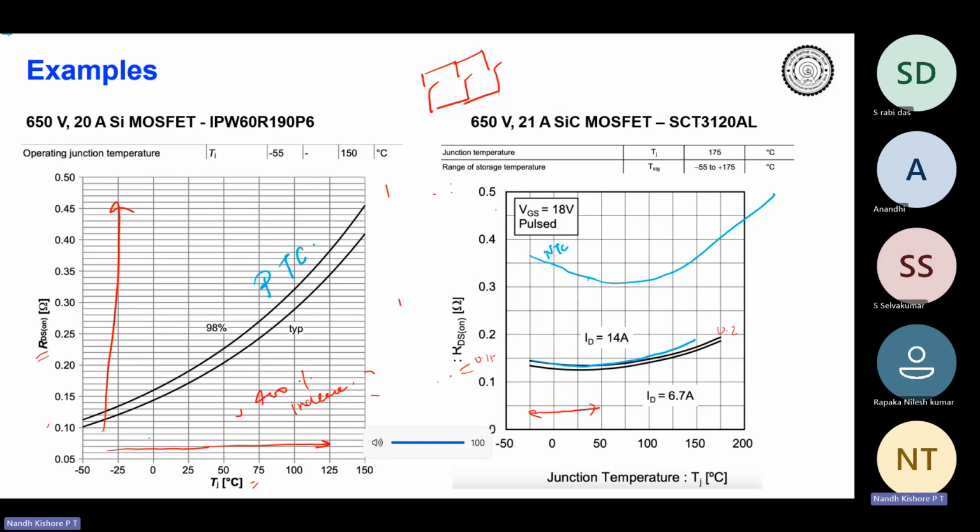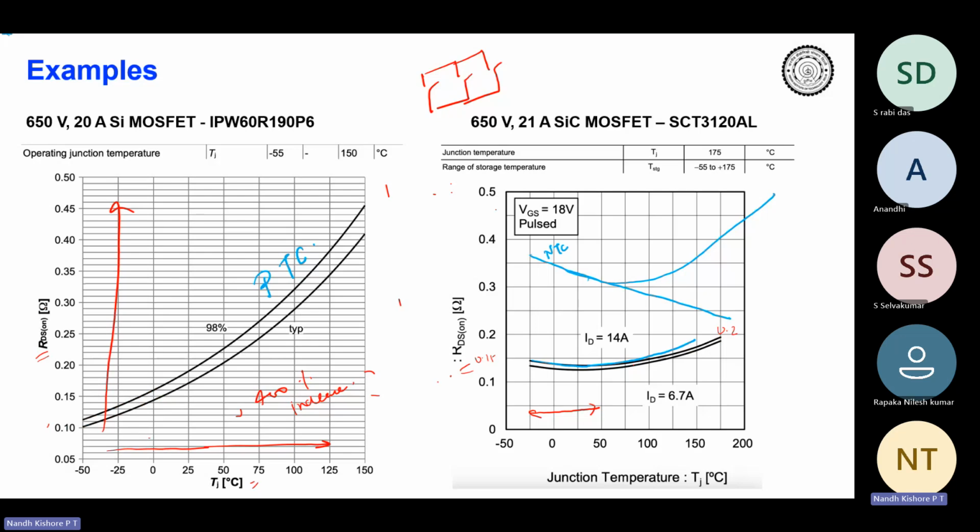Correct. So, as Ravidas correctly told, let's just forget positive temperature coefficient for now. Let's say that we have a characteristic which is something like this, which means that with increase in the junction temperature, the RDS on decreases.